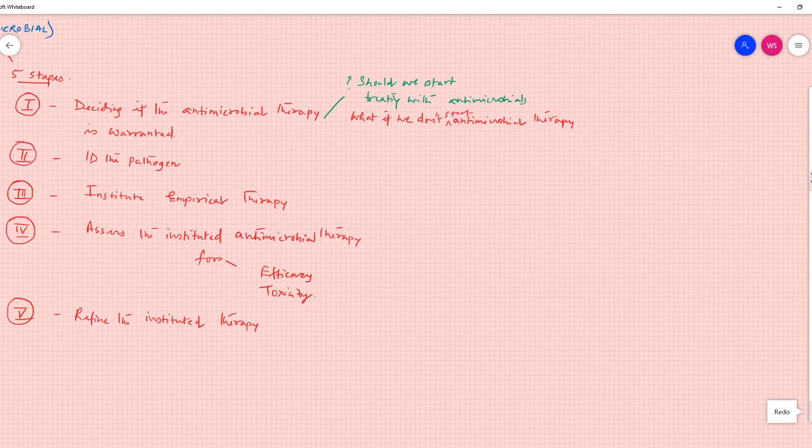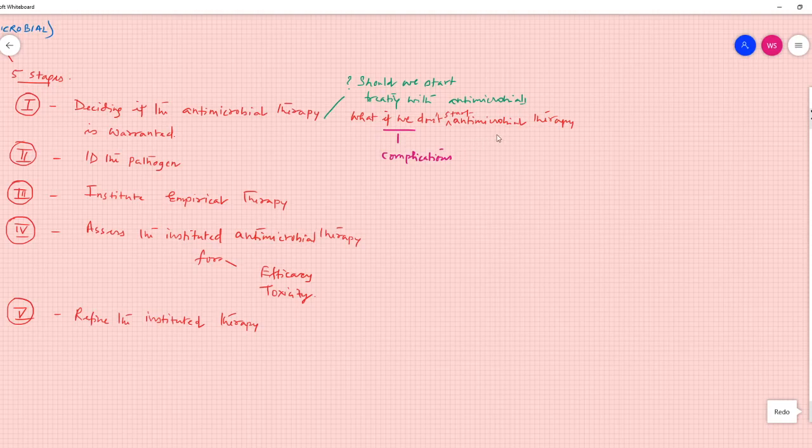What could be the complications? So the complications is that if we don't treat a warranted disease, then there can be complications. Okay, and these complications may be mild, it may be life-threatening. Okay, if the person goes into septic shock, then the person may probably die. And studies have shown that intervention with antimicrobial therapy is associated with reduced mortality and morbidity.